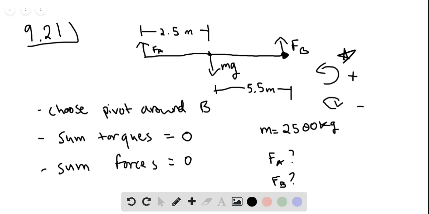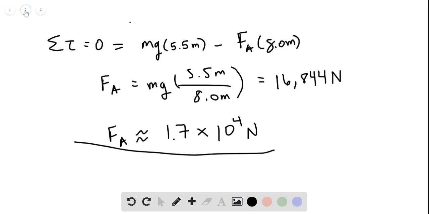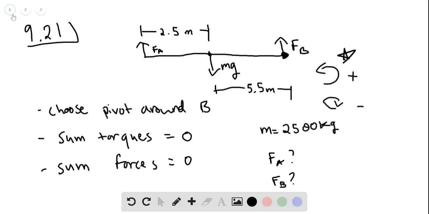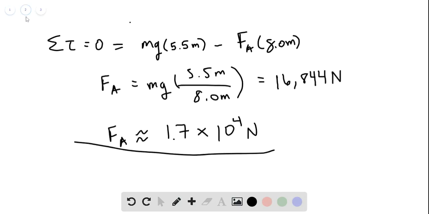So there would essentially be no torque at that point. But there is going to be a torque generated by the weight and by the FA. So downwards is going to be positive and upwards is going to be negative. So the signs come from there, and then it's just algebra after that.